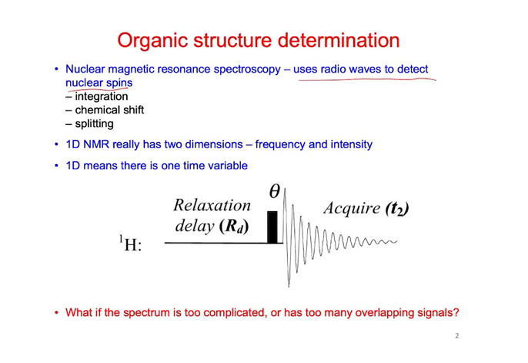First we get the number of peaks. We can integrate those to determine how many protons are represented by each of those peaks. We get chemical shift, which tells us about the local environment, adjacent functional groups, things like that. And we got information from splitting to tell us what protons were adjacent.